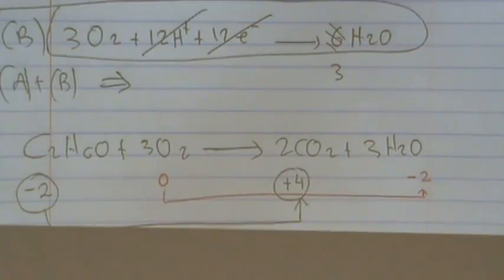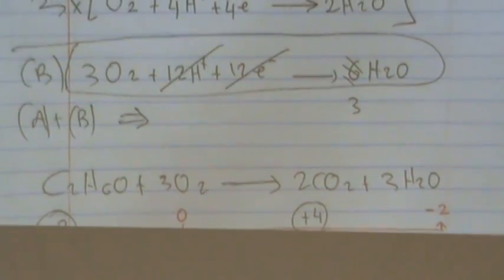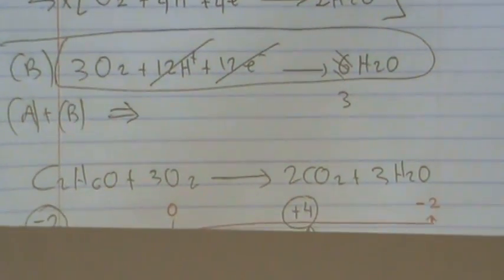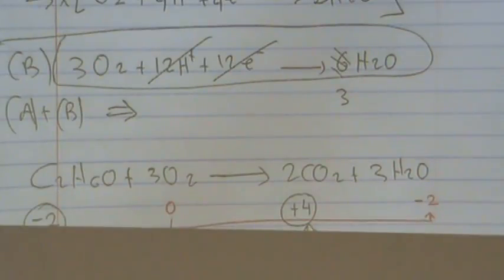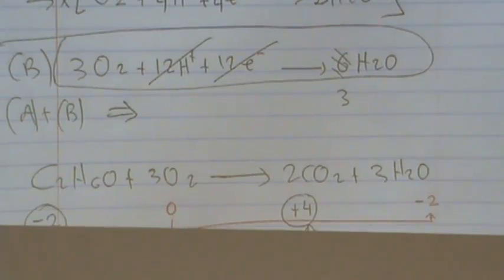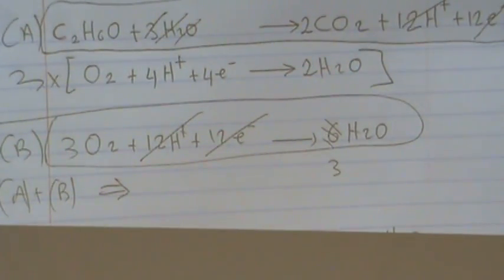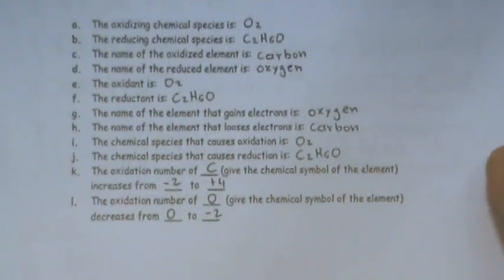The chemical species that causes oxidation will be the oxygen, right? Oxidizing agent. It's just the same thing but different terminology. And then the oxidation number changes. We already did it. So here's the answer, right?